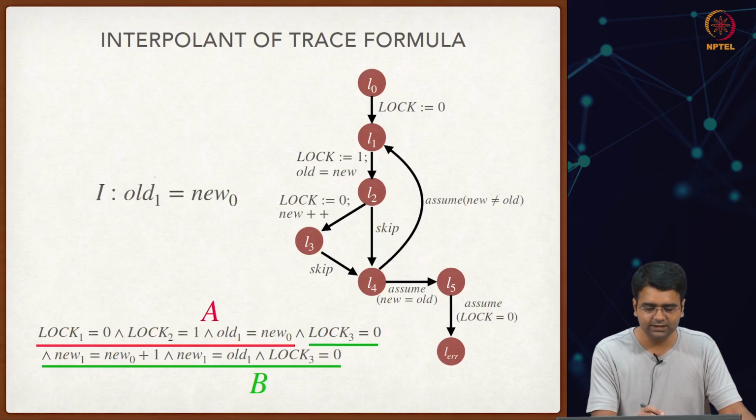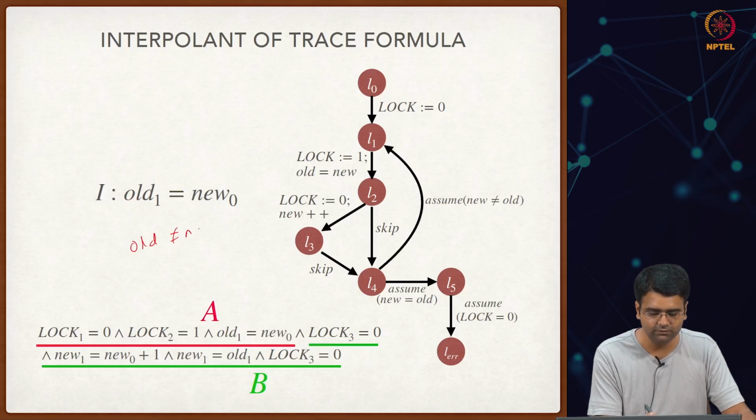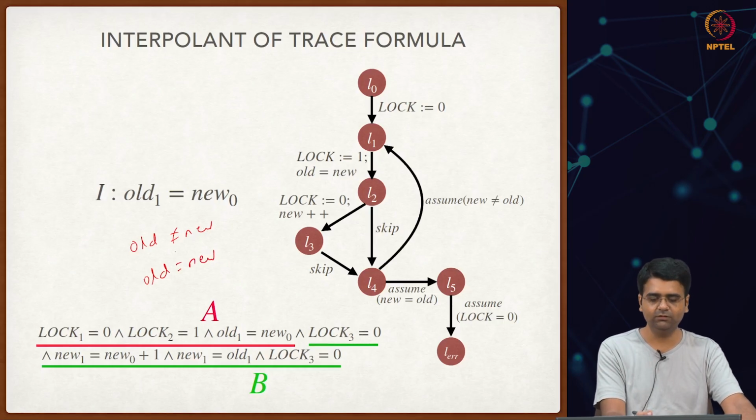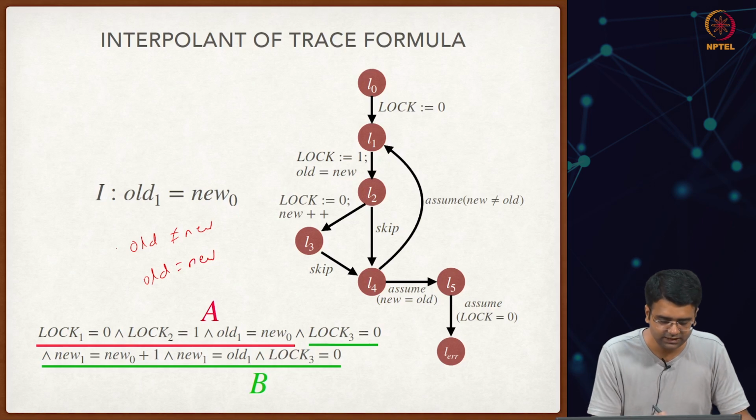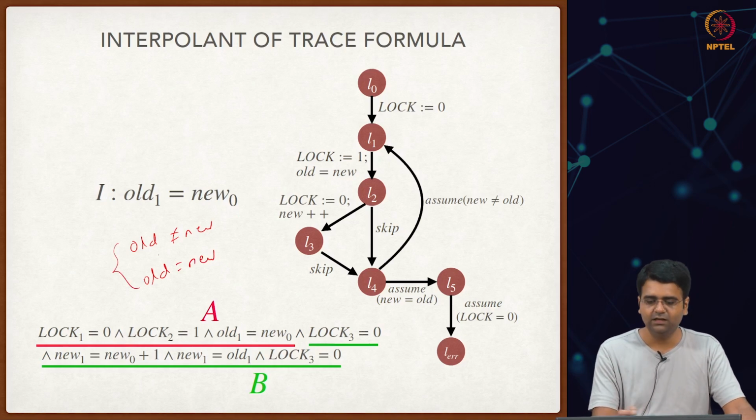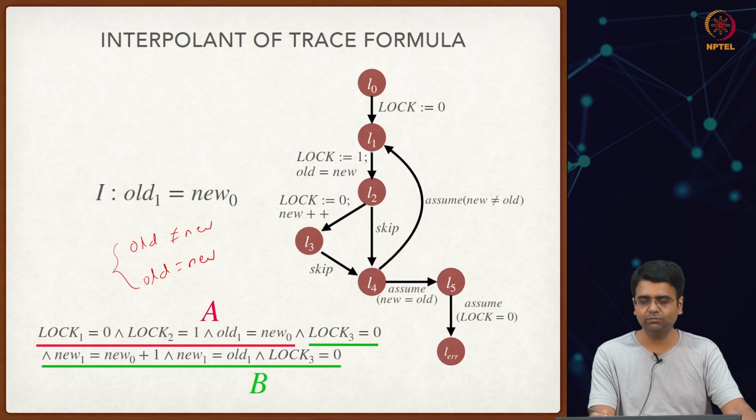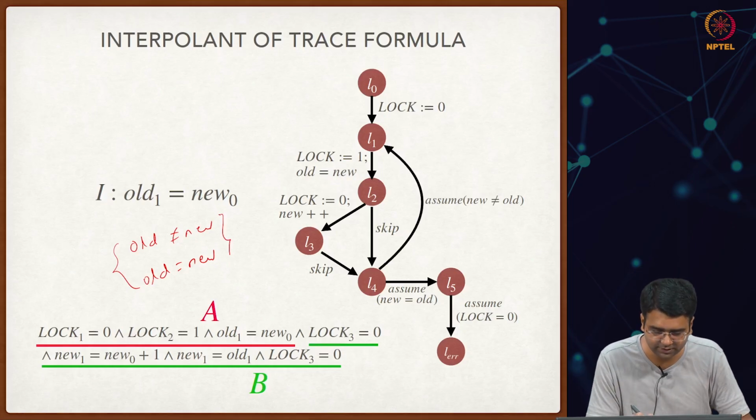Okay. So you can see that earlier, in the previous partitioning, we had got something like old not equal to new, while here we have got old is equal to new. I am ignoring the suffixes for now, the versions of the variables. Again if you recall, when we went through this example with the new predicate abstraction domain, these are the exact two predicates that we had added.